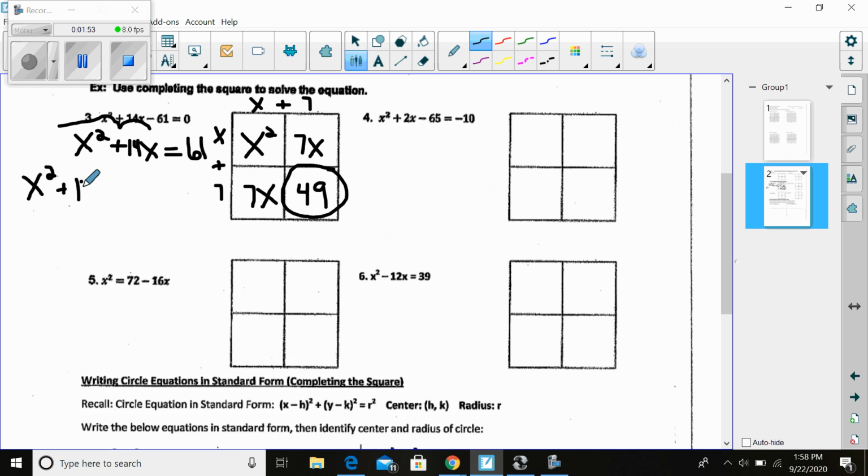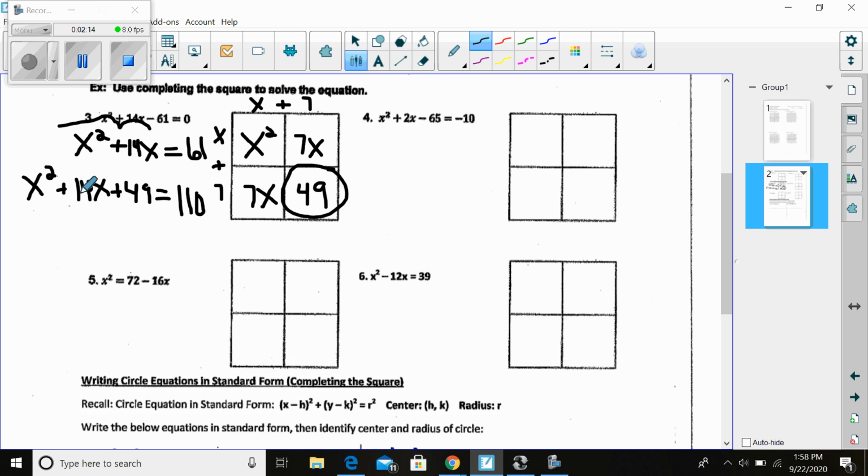So if I add 49 to the left, I have to add 49 to the right. That keeps my equation in balance, which is how I know I'm changing the appearance and not the value. With an equation, I maintain balance by doing the same thing on both sides.